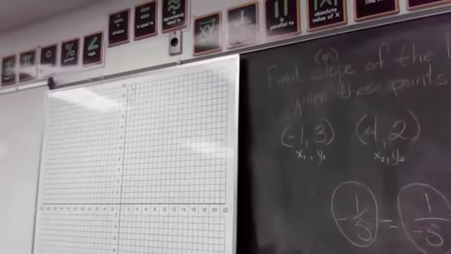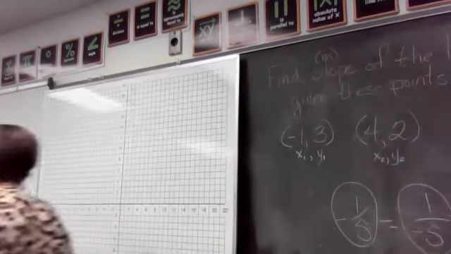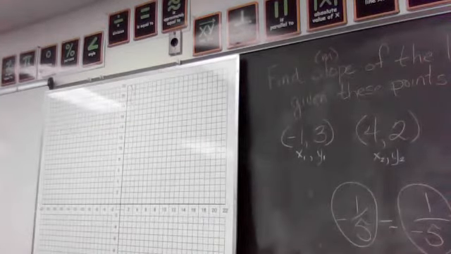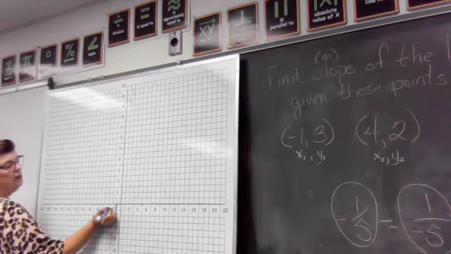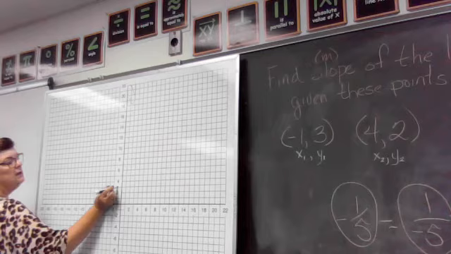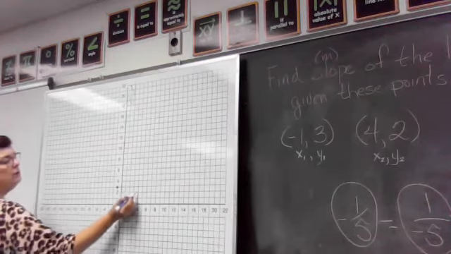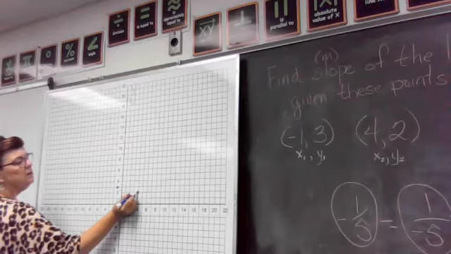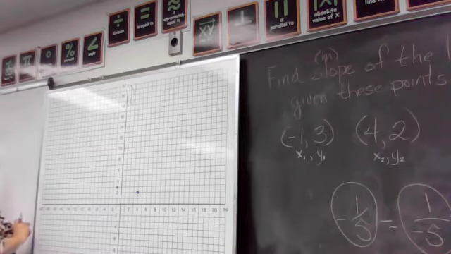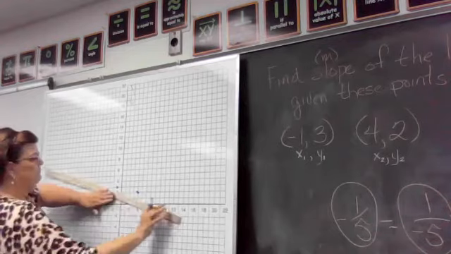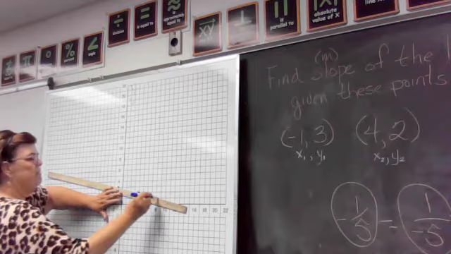So what you do is just take your graph paper, and then you can plot these points on a coordinate graph. So let's go -1, 3. Here's the origin, -1, 1, 2, 3. So there's a point there. And then 4, 2. And there's a point right there. Okay? Let's go ahead and draw the line so you can see what it would look like. And it's going to go right through there and right through there.